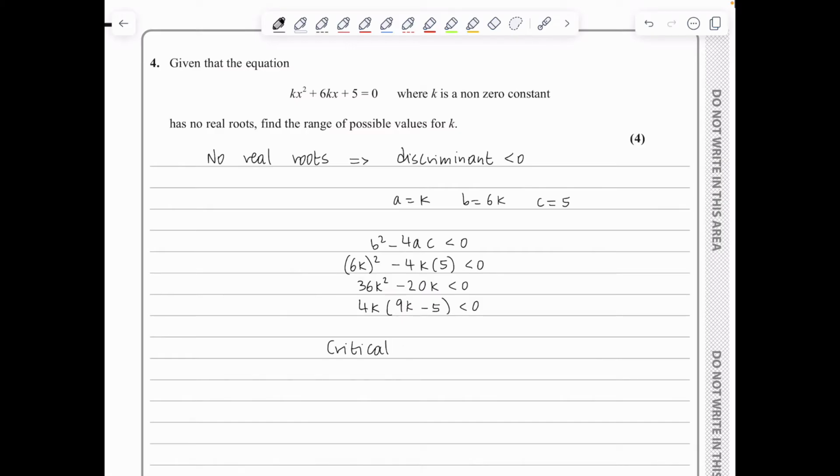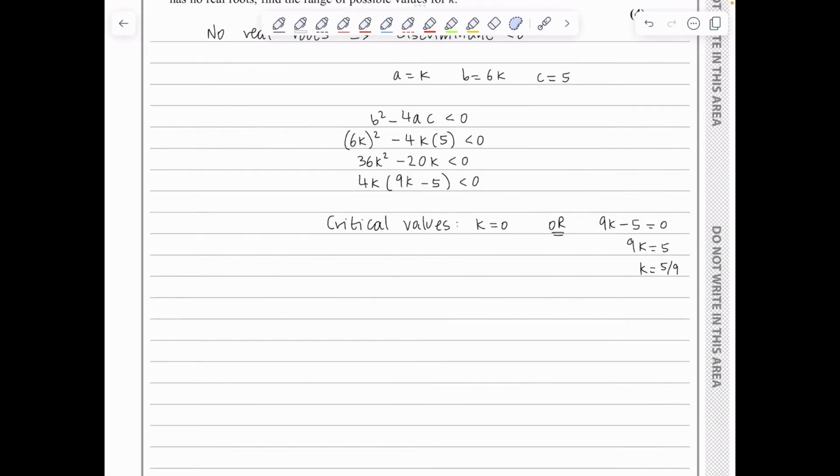So the critical values are the values of k that make the left hand side 0. So we've got that k is 0, or 9k minus 5 is 0, leading to 9k is 5, and therefore k is 5 over 9. So we've got the two critical values, which I will put on a quadratic.